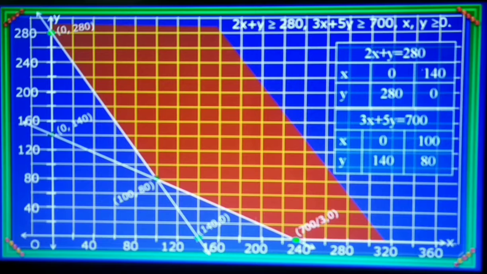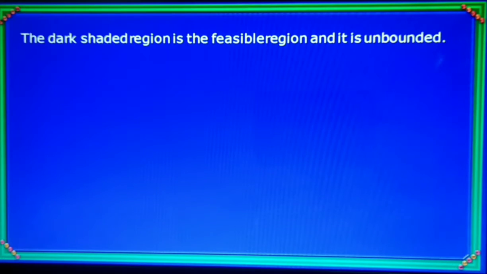Substitute y is equal to 0 in equation 3x plus 5y is equal to 700. Then we will get x is 700 by 3. The dark shaded region is the feasible region and it is unbounded.